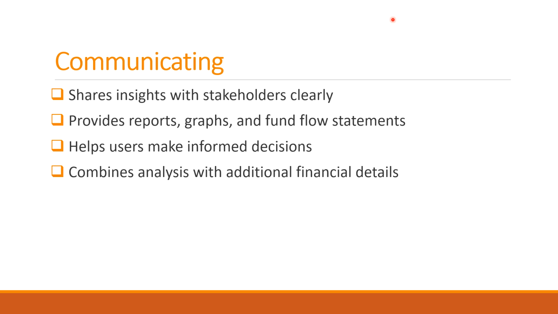The detailed reports and graphs allow users to view trends, compare financial performance, and identify key areas of concern. For example, a fund flow statement shows how cash is moving in and out of the business, providing clarity on the company's liquidity and financial health.